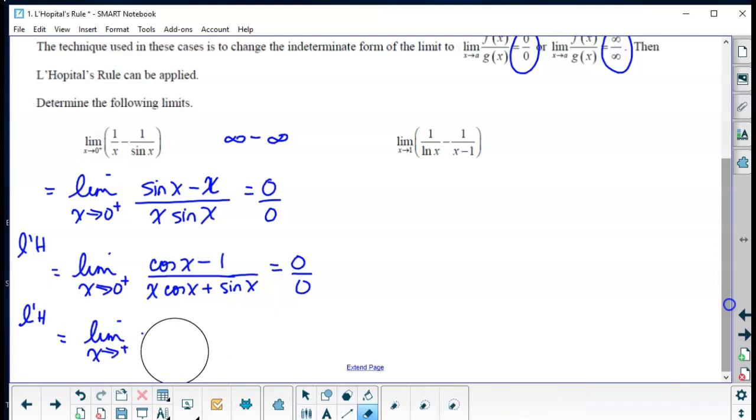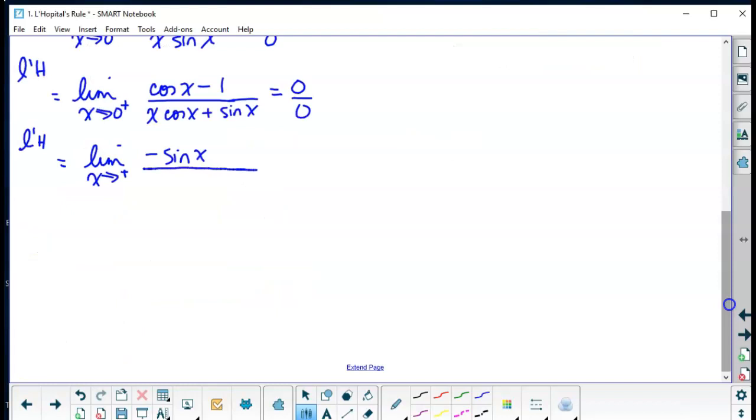Oops, this one here. Cos is negative sine. X times negative sine x plus cos x plus cos x.